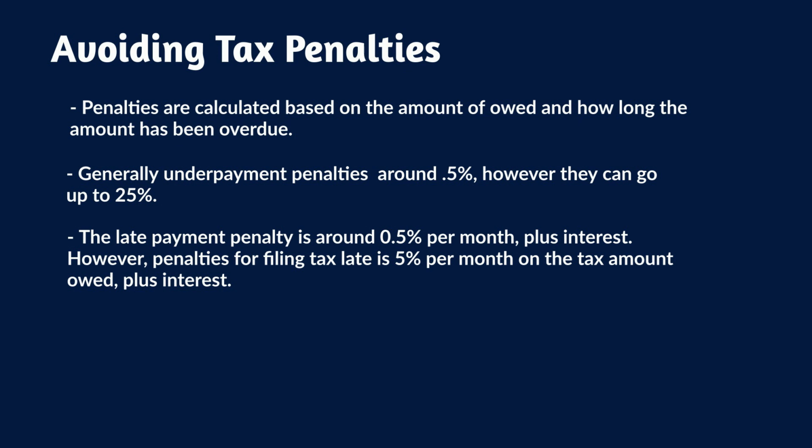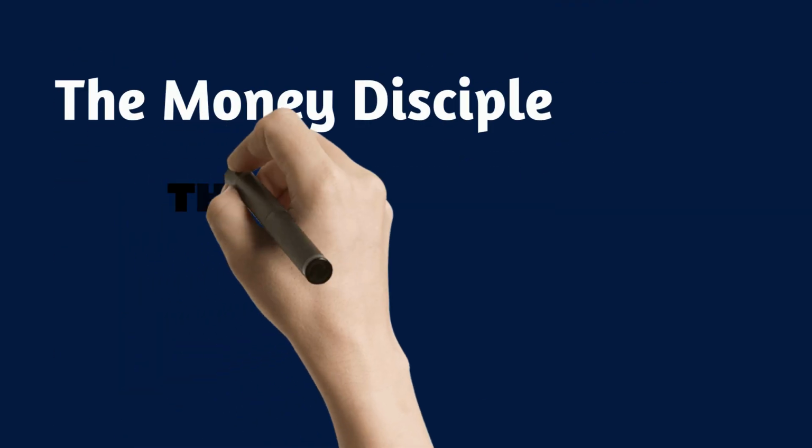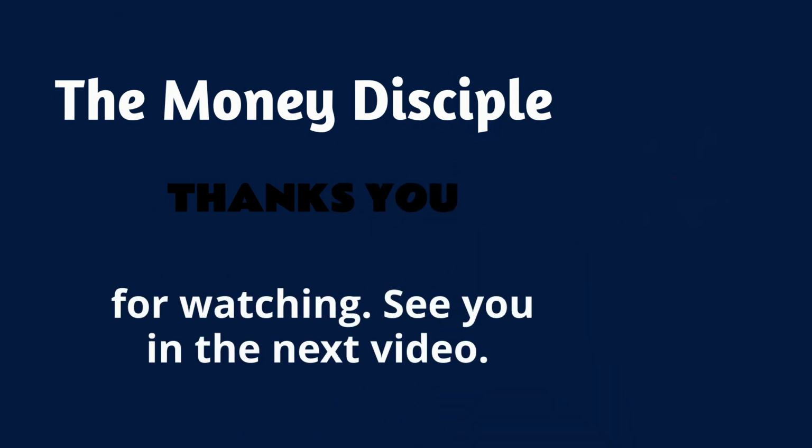Hence, it is always important to file taxes on time, even if the payments are made late. And number 4. To avoid underpayment penalties, individuals must pay either 100% of last year's tax or 90% of this year's tax.